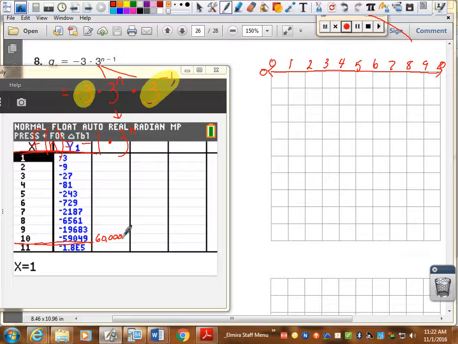Okay, I'm going to say it's okay to count by 6,000s. That's not too bad. Count by -6,000s.